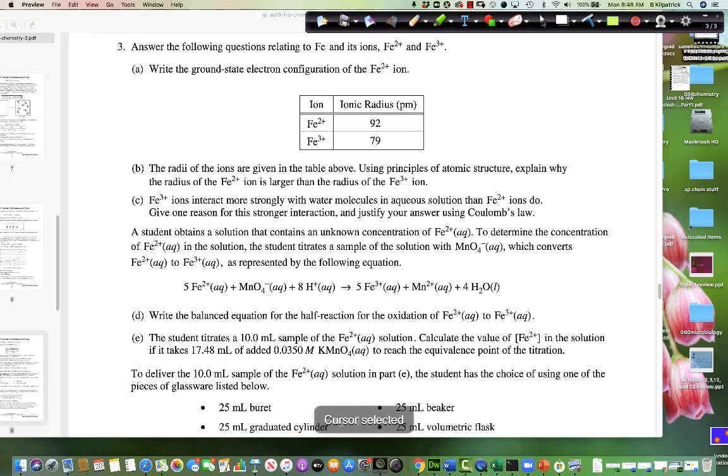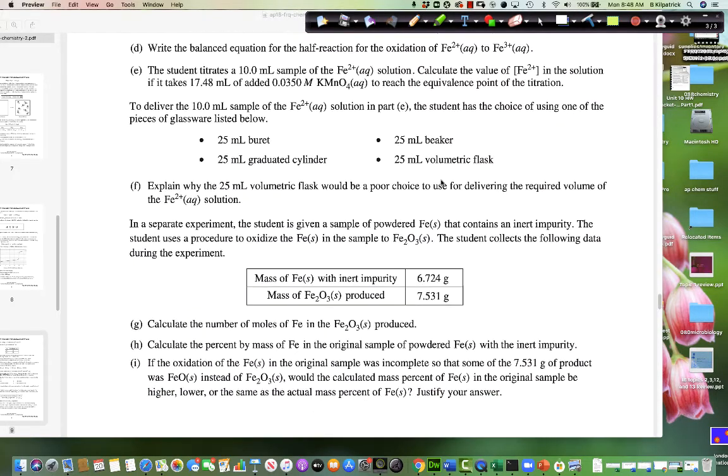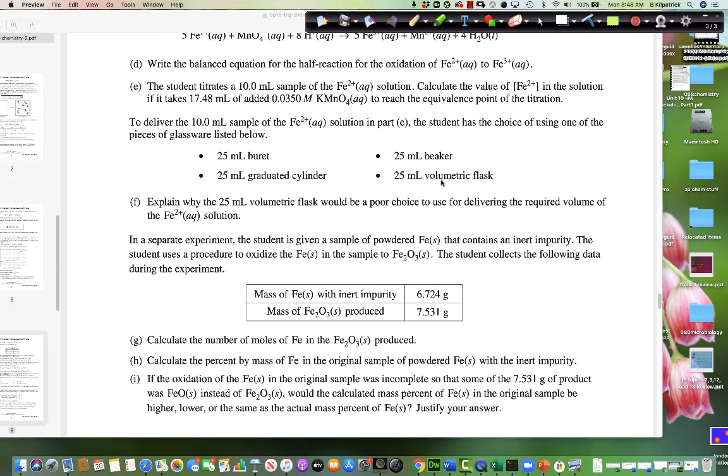It's asking about lab equipment. All right, so the next question says, explain why the 25 milliliter volumetric flask would be a poor choice for delivering the required volume. So I would go back and read a little bit. It says, to deliver 10 milliliter sample of an iron solution in part E, the student has a choice of using a burette, a cylinder, a beaker, or a volumetric flask. So, a volumetric flask, if you remember, looks like this.